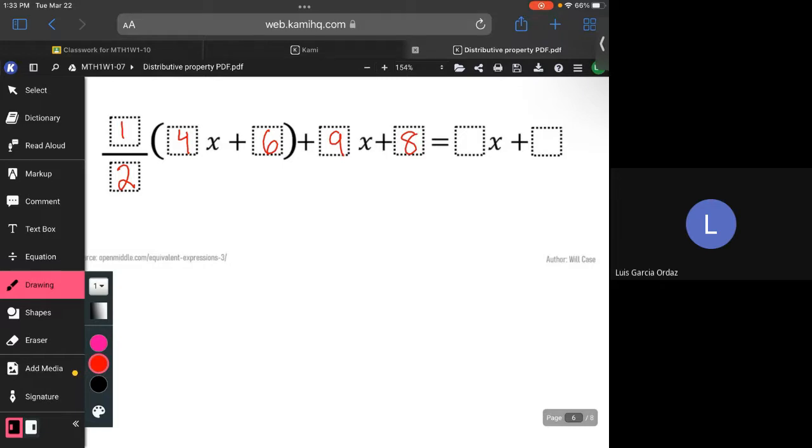So again, you're going to take this 1/2 and distribute it into 4x and 6. Use the decimal? No. Do you like the actual one? Yeah. 1/2 times 4 doesn't give you a decimal.